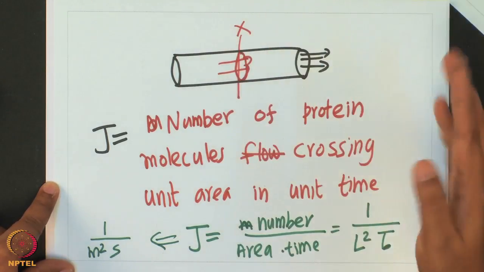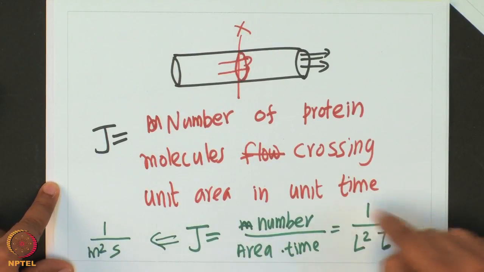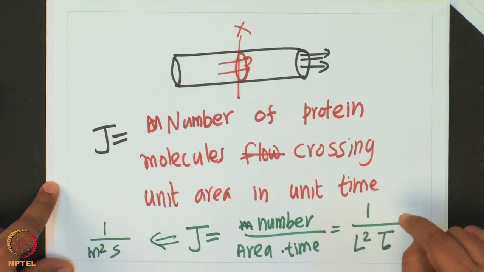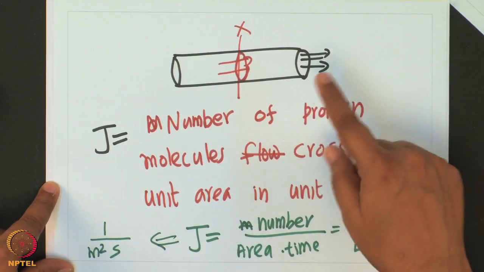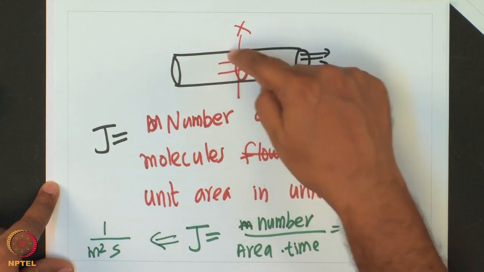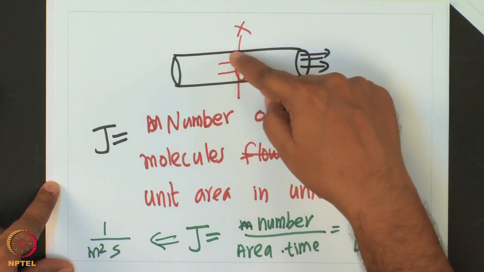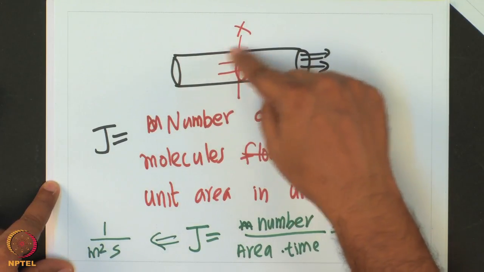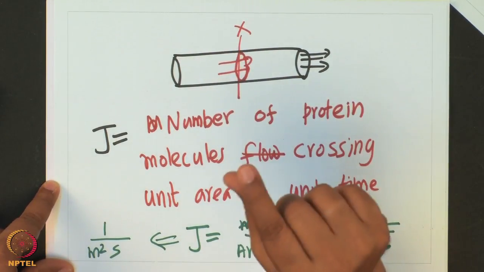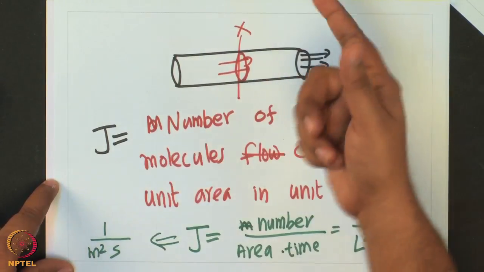If I take a unit area, the number of protein molecules crossing this area in unit time is this J. So if I have a 1 meter square pipe, and if there are 1000 molecules crossing it in 1 second, the J will be 1000.